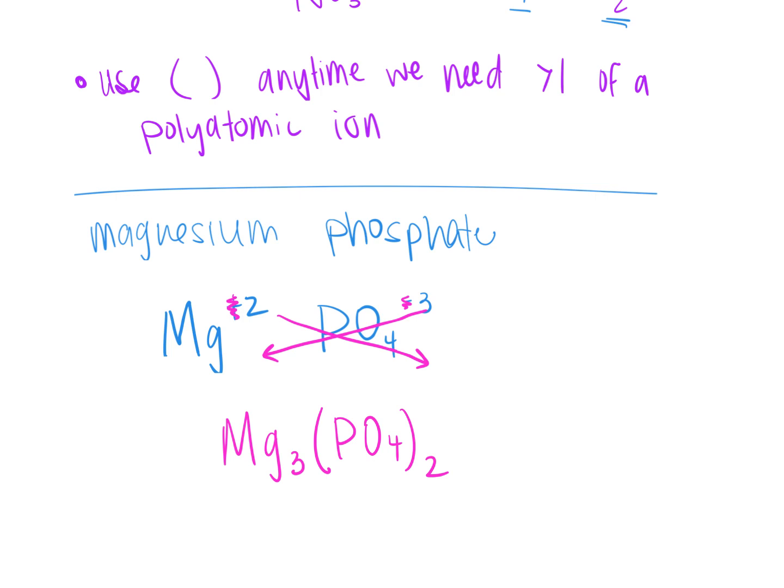Can I reduce these down? No, right? Because the 4 is part of phosphate's identity. So I don't ever touch that. That is non-negotiable. So that 4 is off limits. The only thing I'm looking at to reduce is the 3 and the 2, and I can't do that, right? 3 and 2 are not reducible by the same whole number. Okay, how do we feel about that?